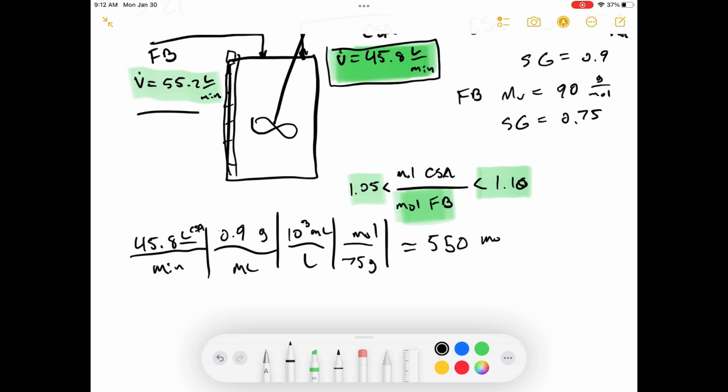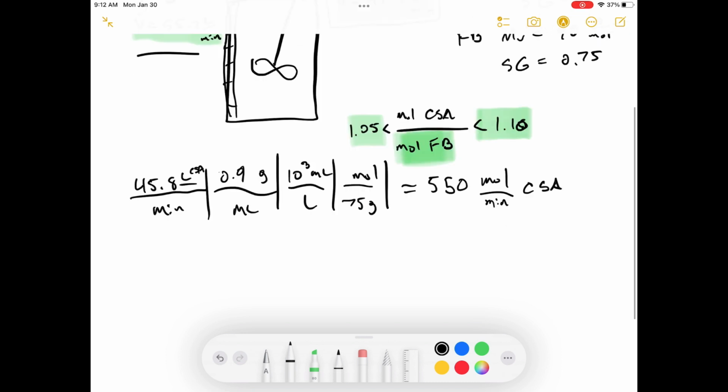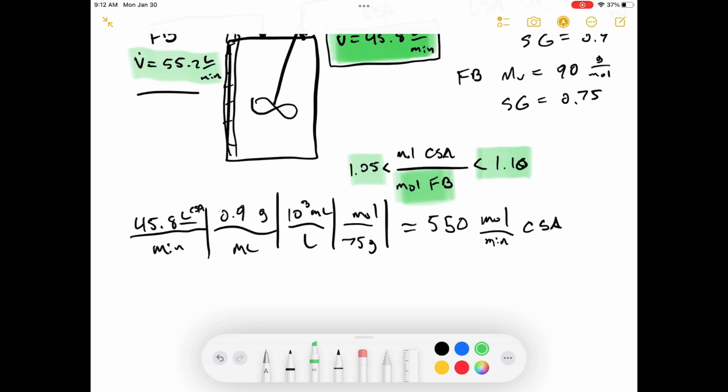550 moles per minute of CSA. Now this molar ratio, moles of FB, we need to figure out to find the range that we're allowed to be in.